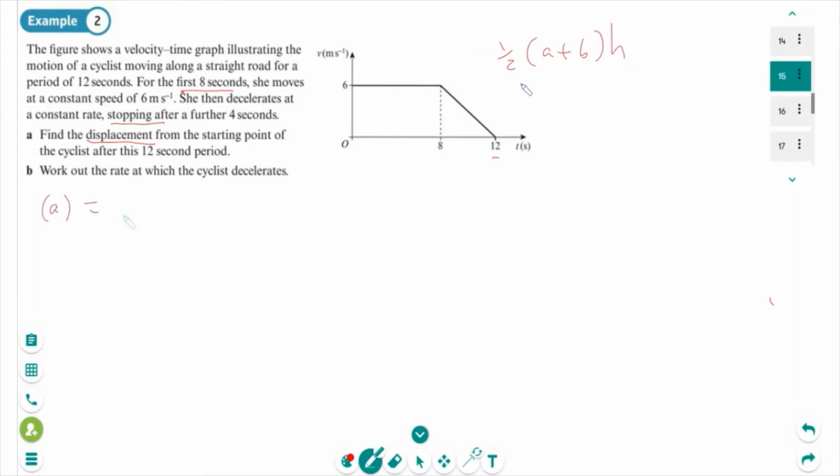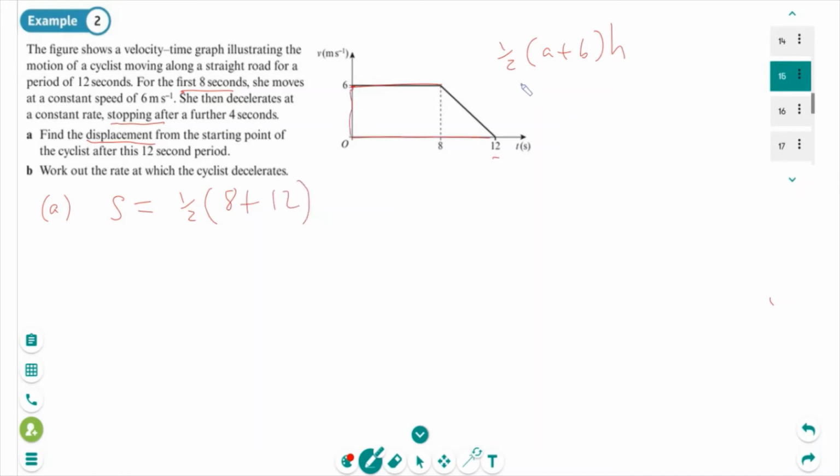So for part A, to work out the distance traveled, they use the letter S for displacement. You would do half of, so the parallel sides are, this is 8. The other parallel side is 12. The distance between them is 6.